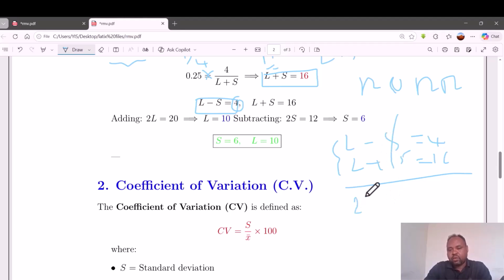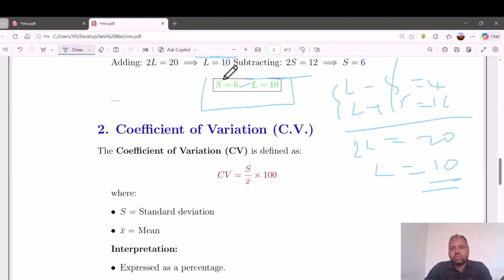Then we get 2L equals 20, so L becomes 10. The largest value in our data set is 10, and the smallest one is 6.